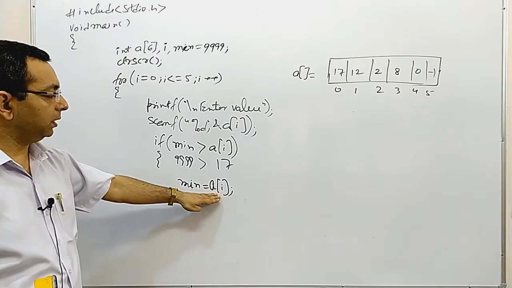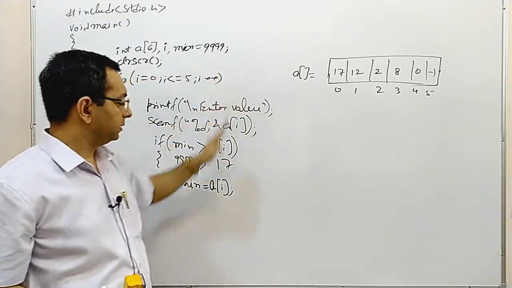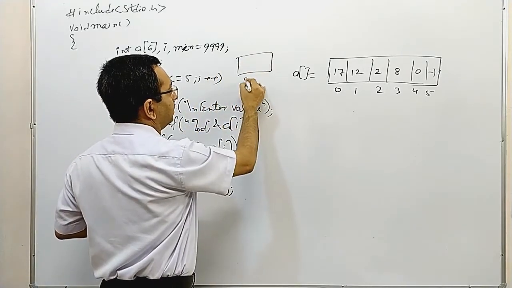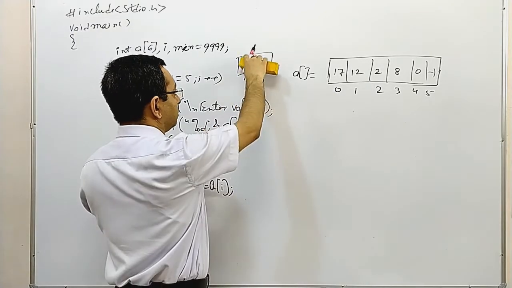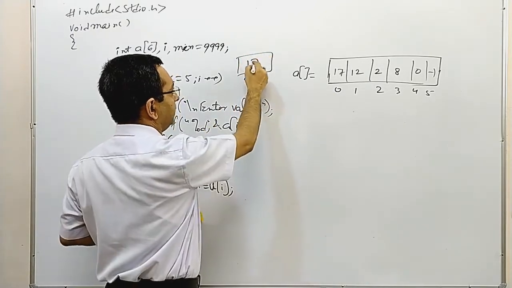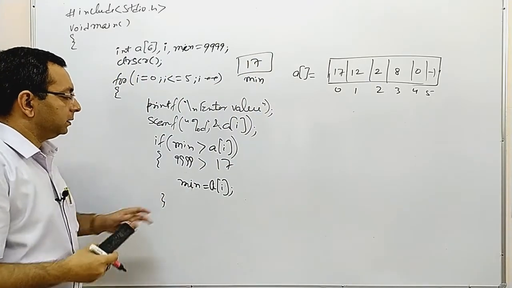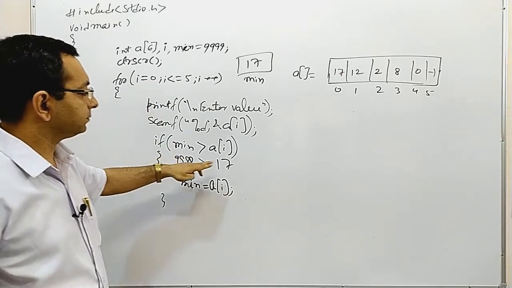Whatever smaller number is there in comparison will be stored in min. So now the min variable will be storing 17. Fine. At the next iteration, when I is 1, what will happen?